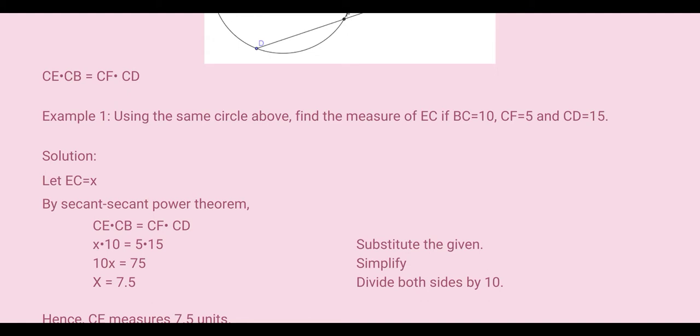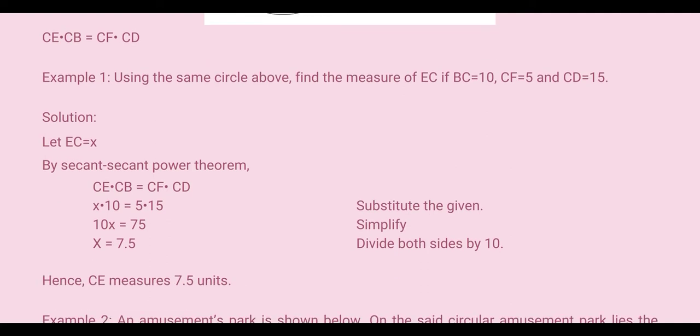Ganun din sa kabila, the CF is the external and the CD is the total. Palitan natin by substitution. CE is equal to X, CB is 10, CF is 5 based sa given, and CD is equal to 15. We simplify, we'll have 10x is equal to 75. Divide both sides by 10, you will have 7.5. Hence, the segment CE measures 7.5 units.